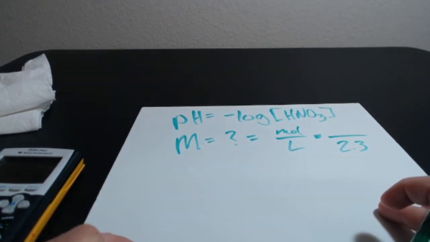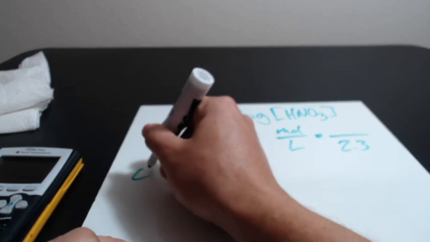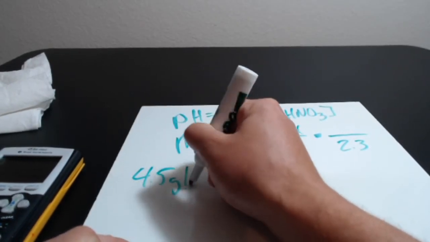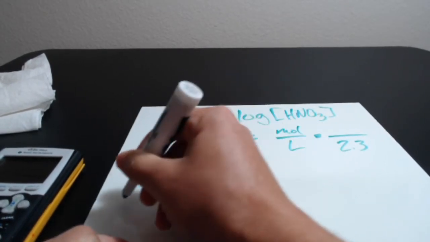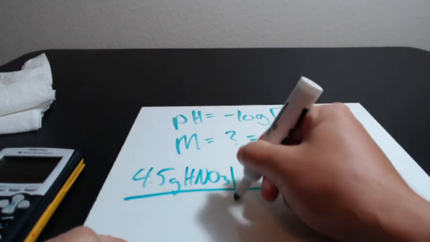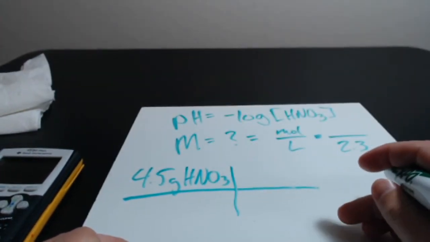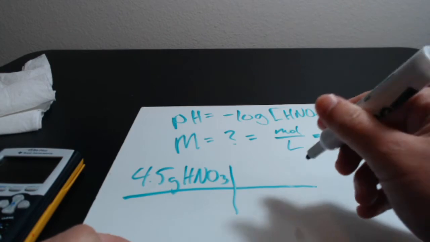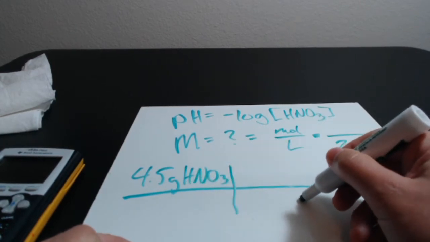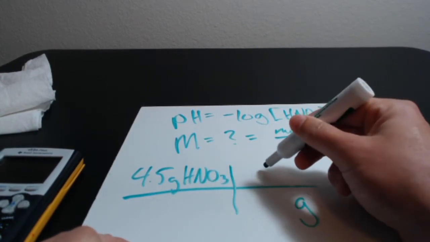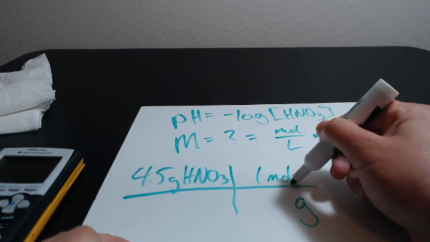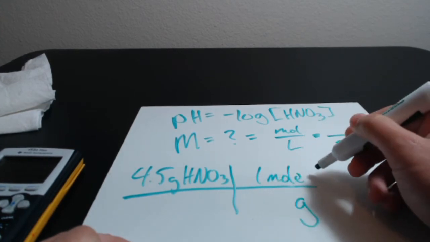So I'm going to set up my train tracks. 4.5 grams nitric acid, HNO3. We're going to convert it to moles using the molar mass of nitric acid. So grams are here, so grams must be down here. Molar mass, 1 mole per the mass.